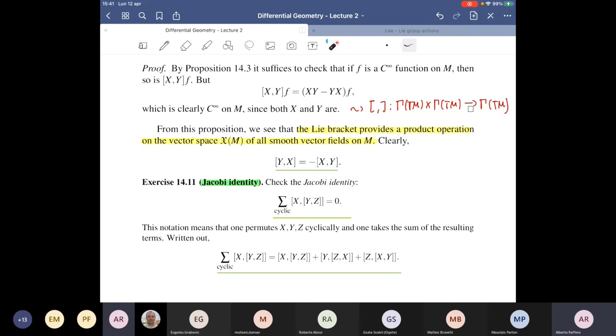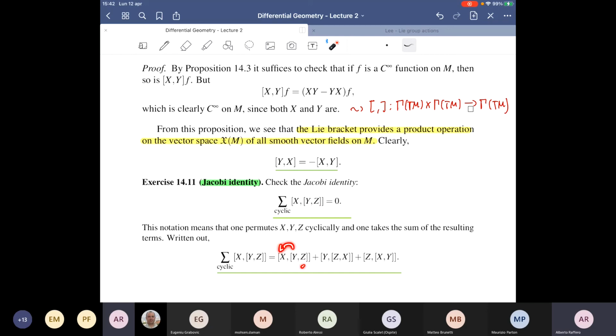And if you want to try to do this, it is just an exercise. The cyclic sum means that you're just starting with X, Y, and Z in this order, and then you exchange every vector field here in a cyclic way.